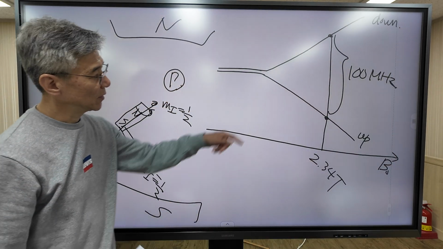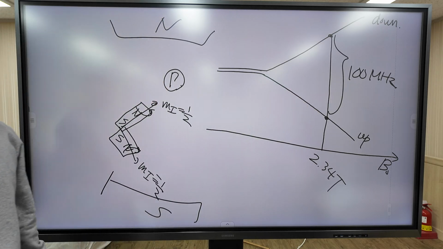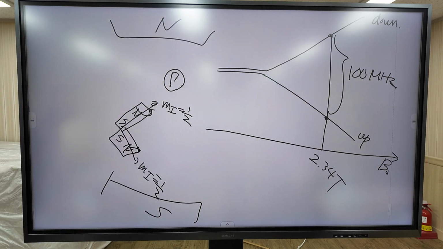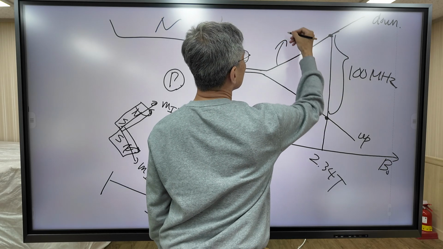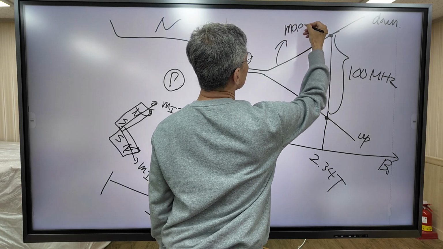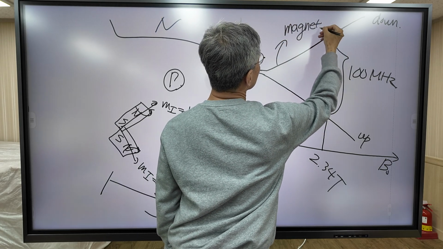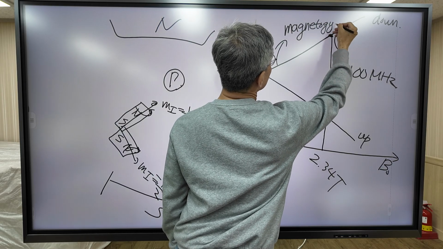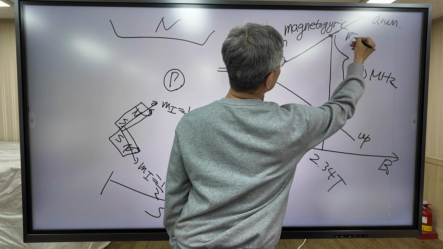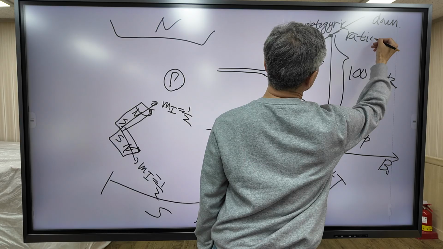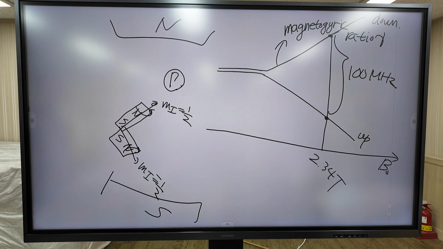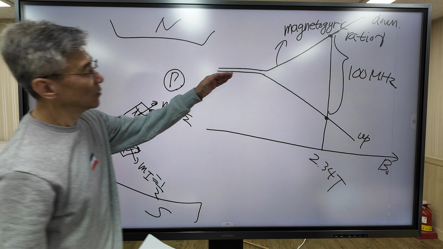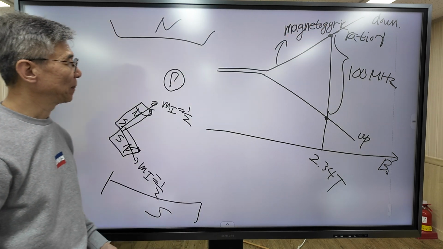So NMR probes this transition frequency. This slope is called the magnetogyric ratio, and it depends on the type of nucleus. This is the slope for this nucleus.